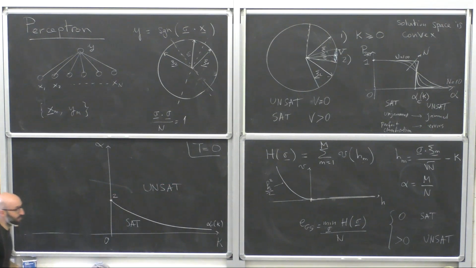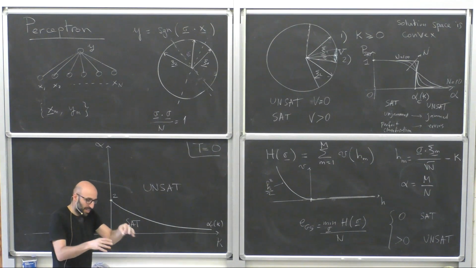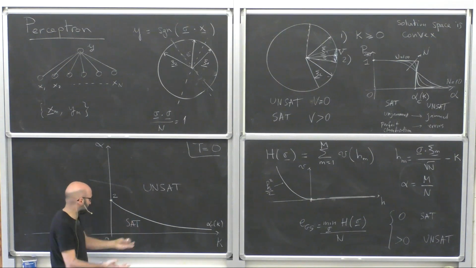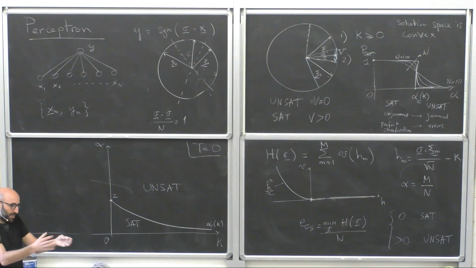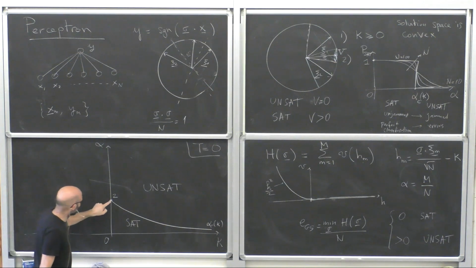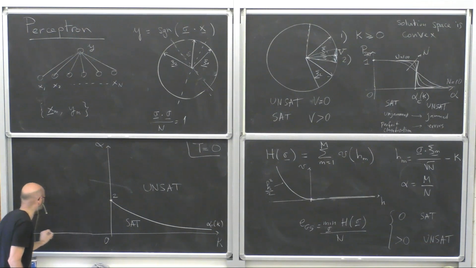What is important is that for kappa positive, the problem is convex. I told you that you are doing intersections of spherical caps, so it's always convex. So you don't have any glass transition because the space has one single minimum. A simple thing you can do is to generalize the model to negative kappa.